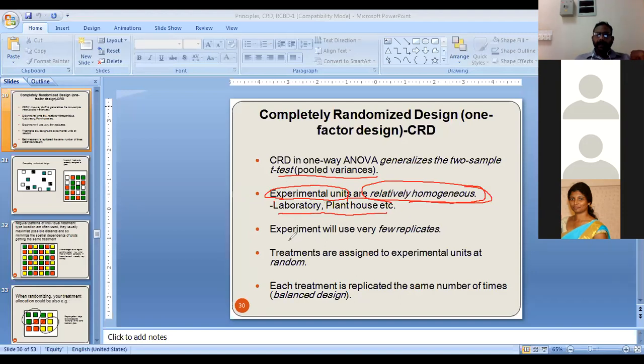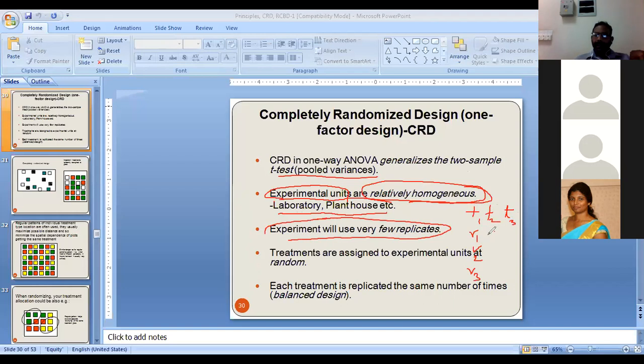So the experiment will use very few replicates. We need only very few replicates, right? Let's say I have treatments T1, T2, and T3. For T1 we have replicate 1, replicate 2, replicate 3.